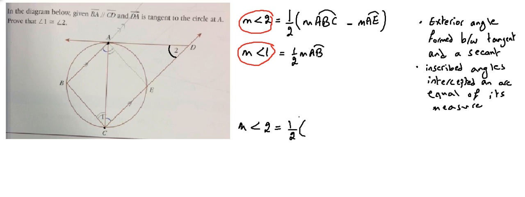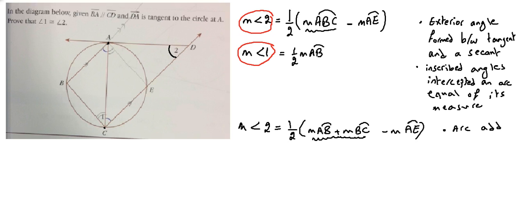Yes, we can say it's the measure of arc AB plus the measure of arc BC, right? I split this measure into two parts, and minus the measure of arc AE, I left it. And this is because of the arc addition postulate, right?